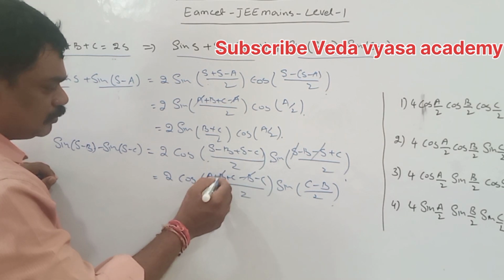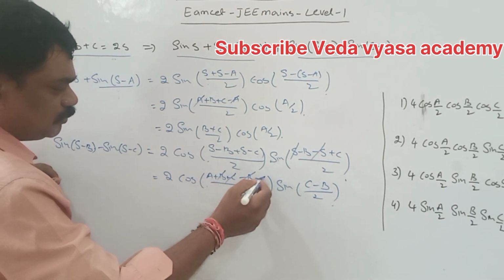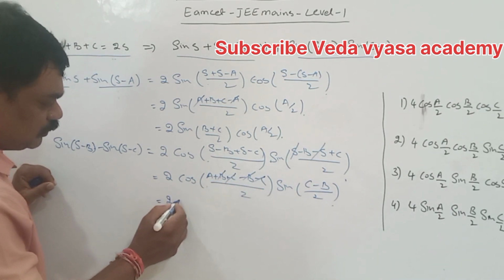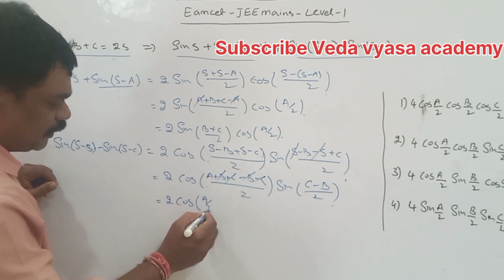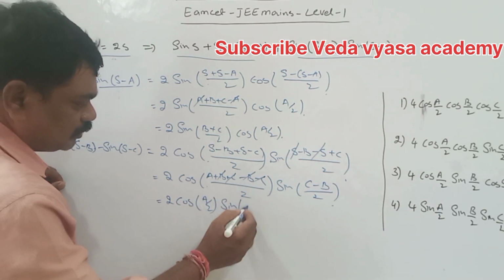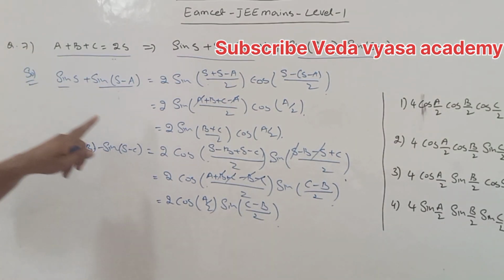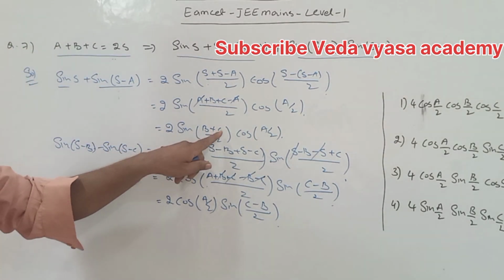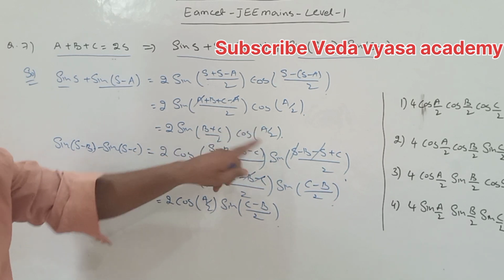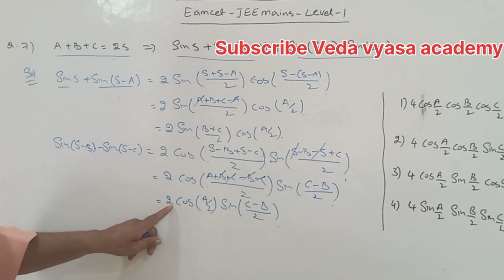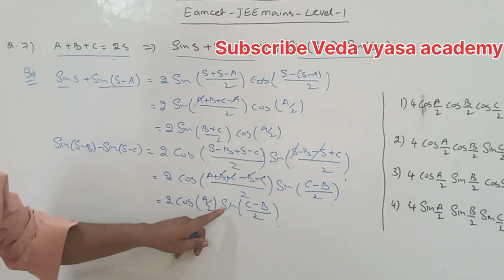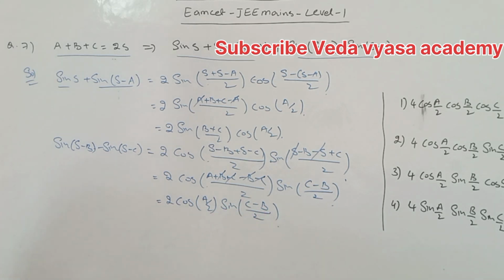Here minus b plus b cancels, and minus c plus c cancels. Then 2 cos of a by 2 into sin of (c minus b)/2. So this value is 2 sin of (b plus c)/2 into cos a by 2, and this value is 2 cos of a by 2 into sin of (c minus b)/2.